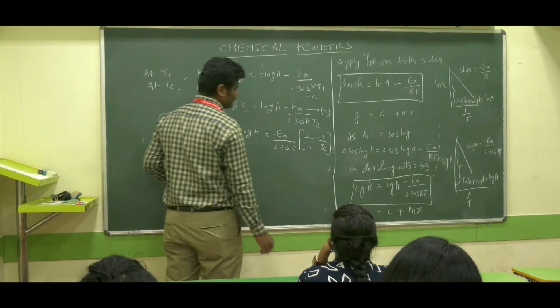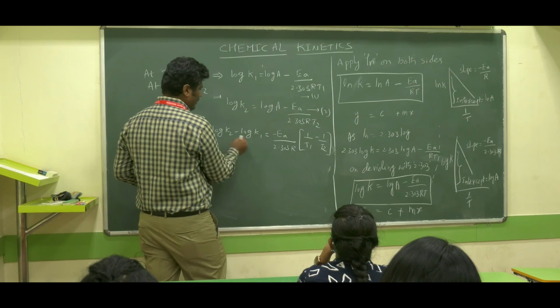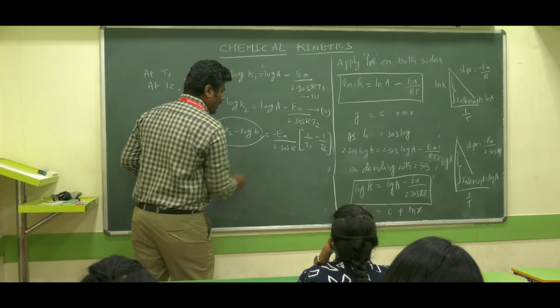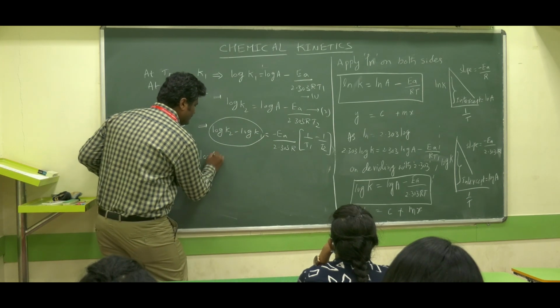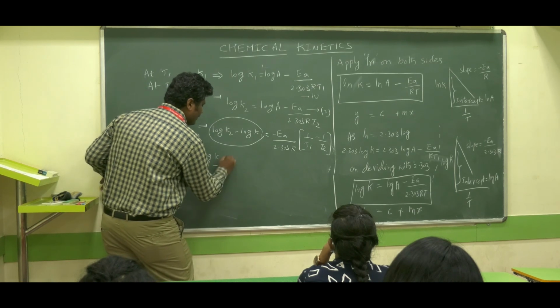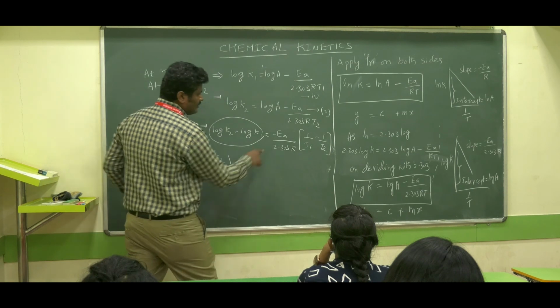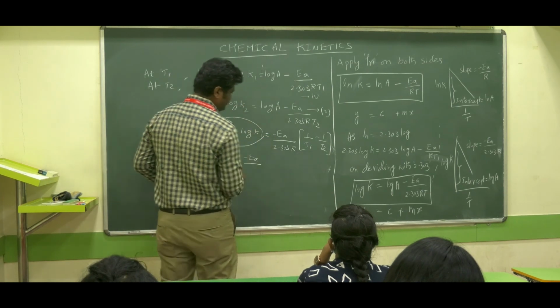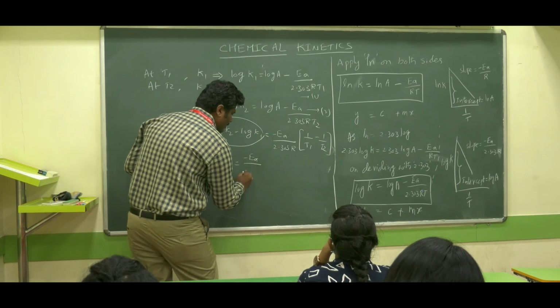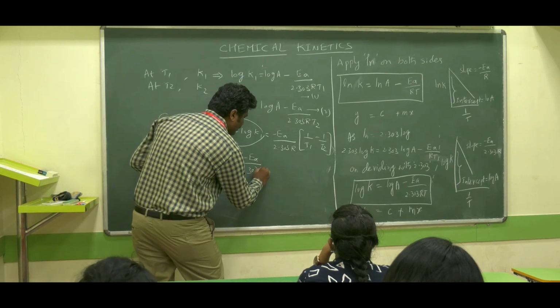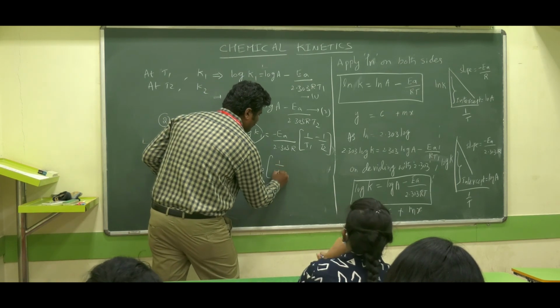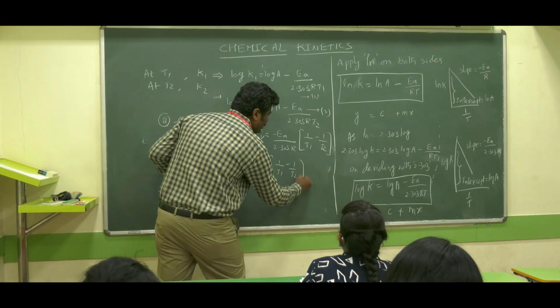This is the expression you get. And of course, you can also write log of K2 by K1 equals minus Ea by 2.303 R into 1 by T1 minus 1 by T2.